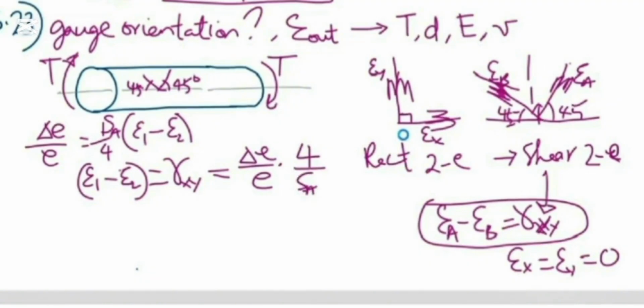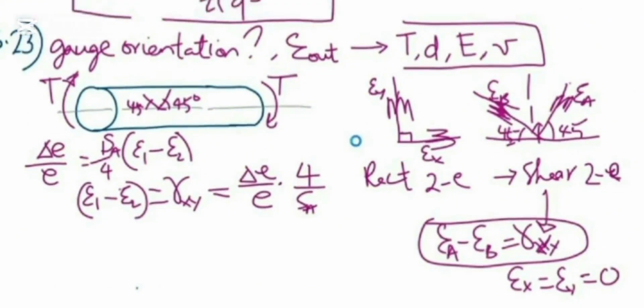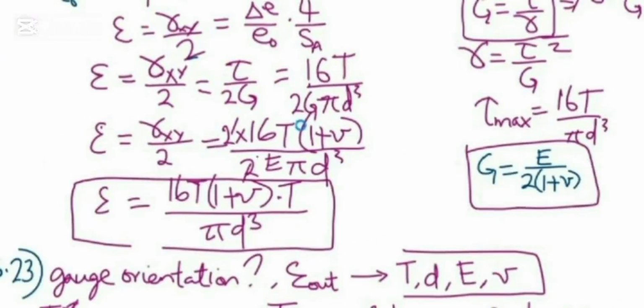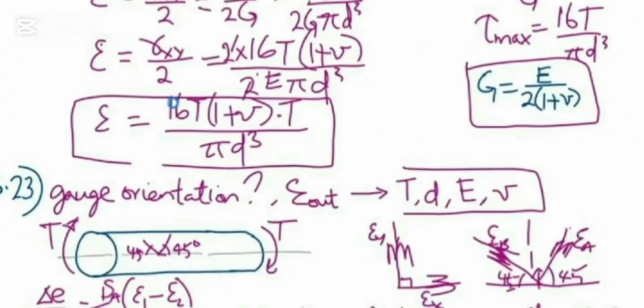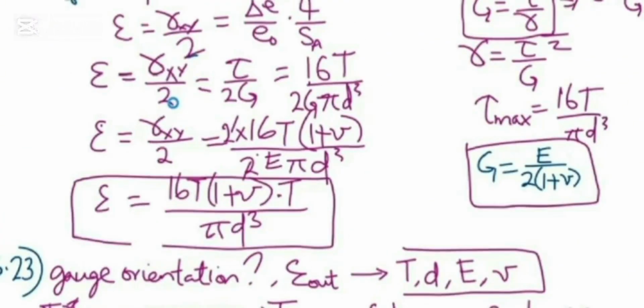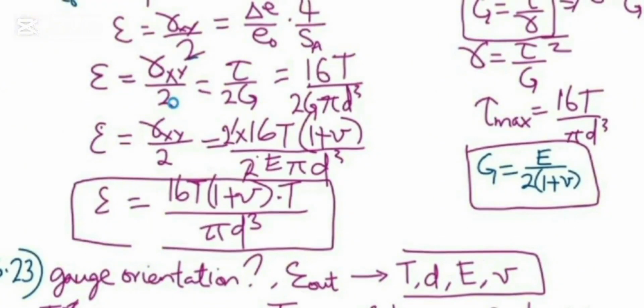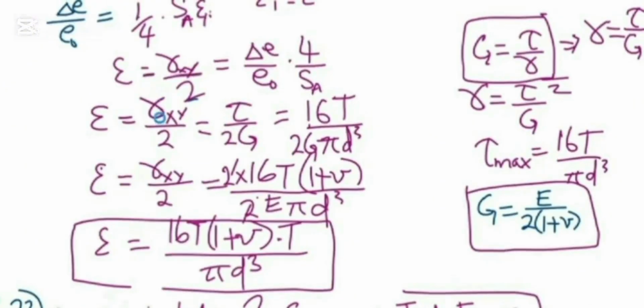But we're asked to determine our output in terms of this component: T, the torque, diameter, Young modulus, and Poisson ratio. So it's the same scenario we just solved now. In this case, the shear strain is divided by 2, isn't it? Hello? For the previous question, the shear strain is divided by what? 2.